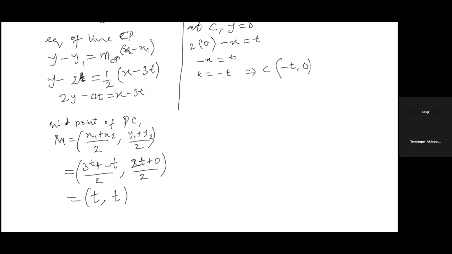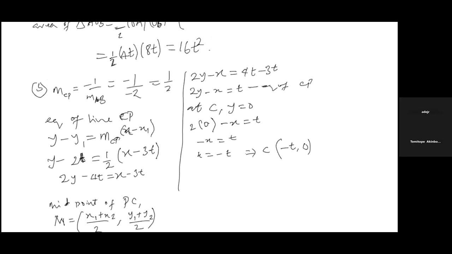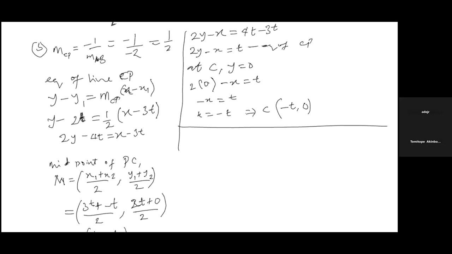Now, if I substitute x for y in the equation of CP.